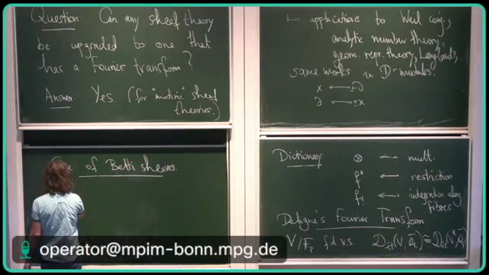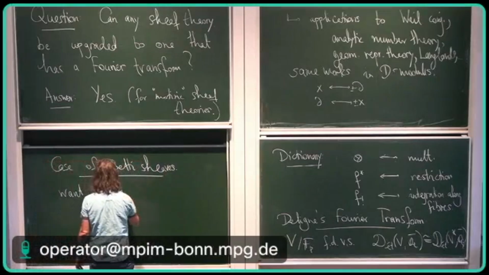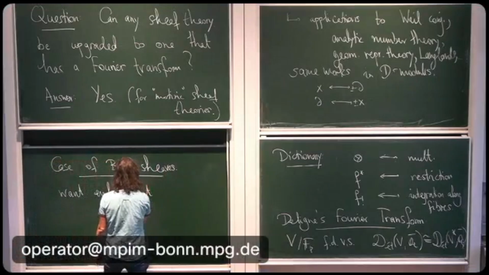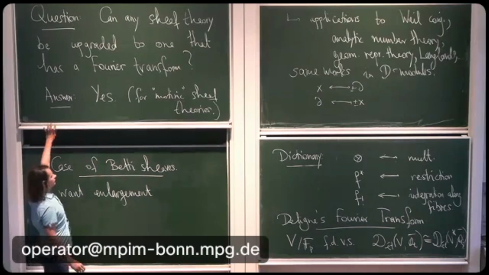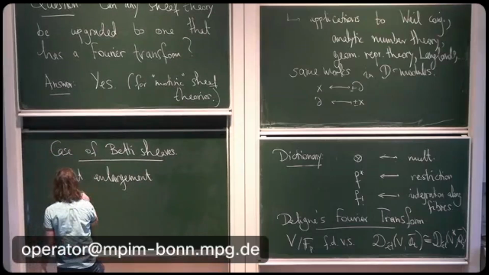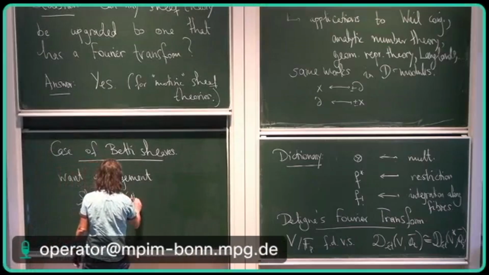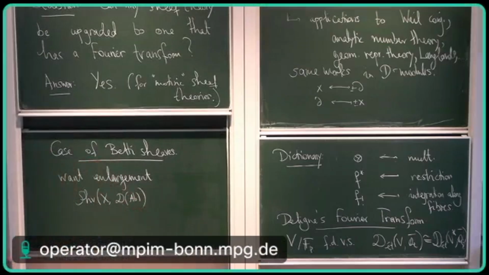So we want an enlargement of, I mean, you have sheaves on X with coefficients in the category of Abelian groups.